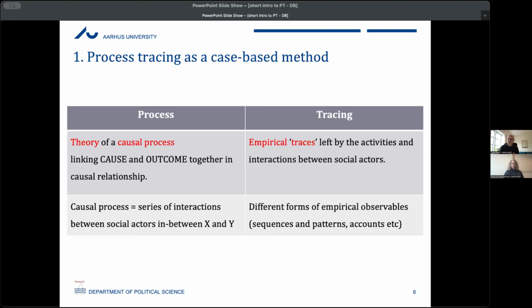So the idea, at least the type of process tracing that I use, is that the tracing involves people doing things that then leave empirical traces. If I put forward a proposal, I have an actual proposal, a physical trace of that activity that I've done.